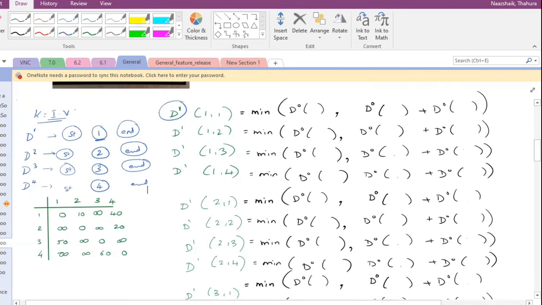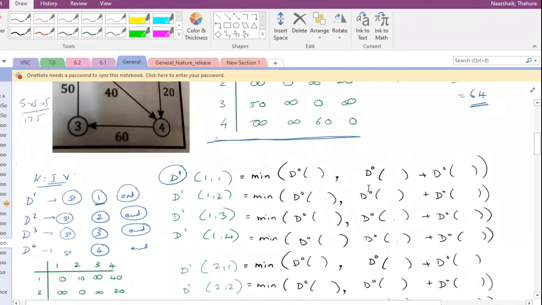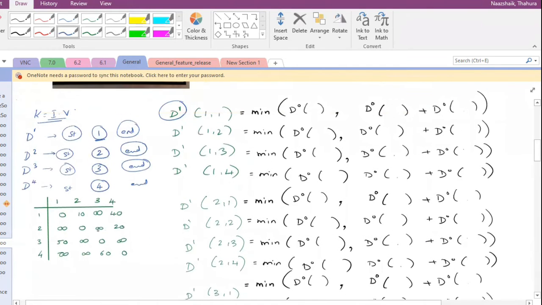So first we will do D1. You have to try now for all the edges. So how will you do all the edges? All of these numbers are edges, right? So this one is nothing but 1, 1. This edge is 1, 2. This edge is 1, 3. This edge is 1, 4.